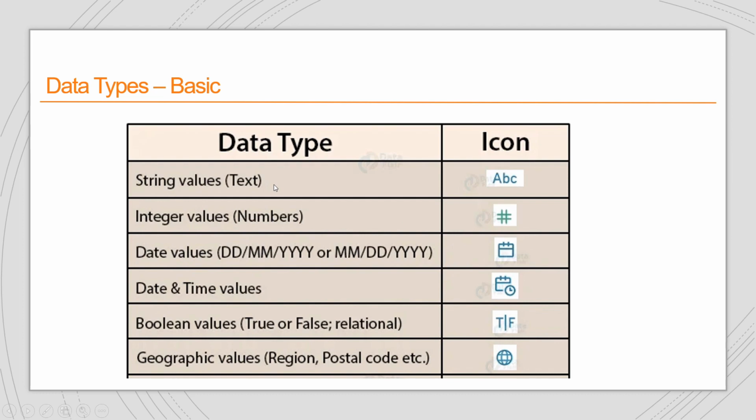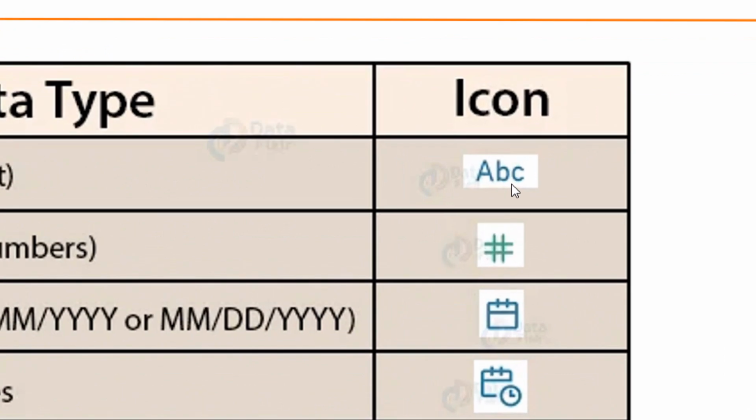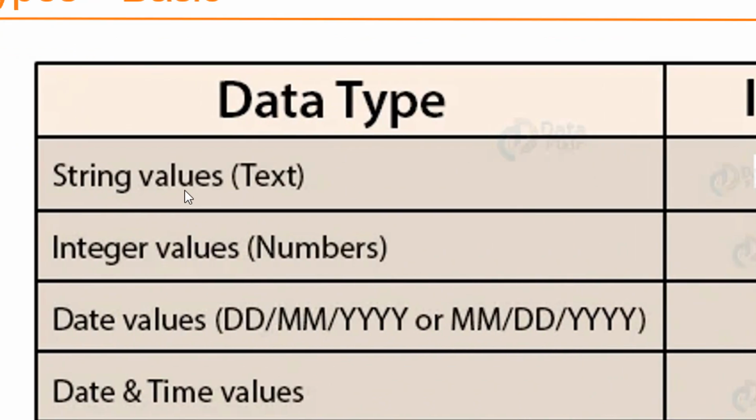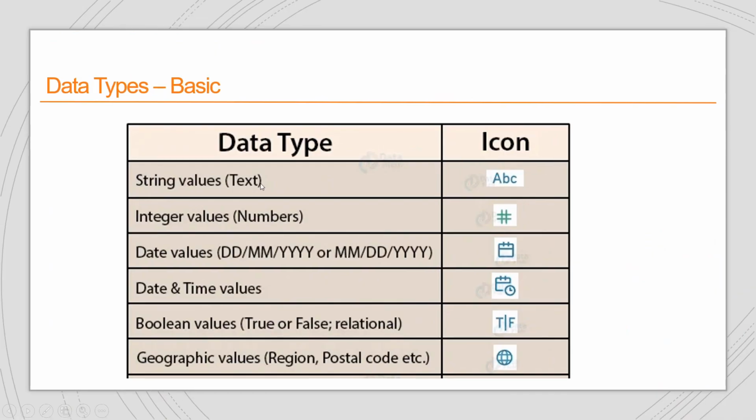We are going to save it under the data type string values, and in the Tableau it will be clearly visible with this icon. There will be an icon called ABC. If you are able to see this ABC icon on your screen just with the column name, it means it's a string values. It could be a text type of data. In the string values, in the text data type, we could have the names, we could have the email IDs or the address as well.